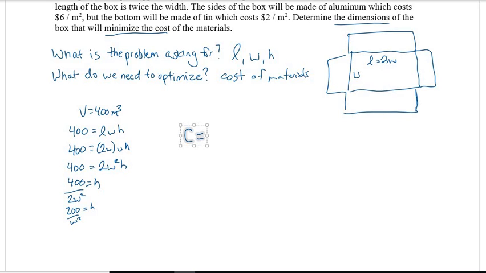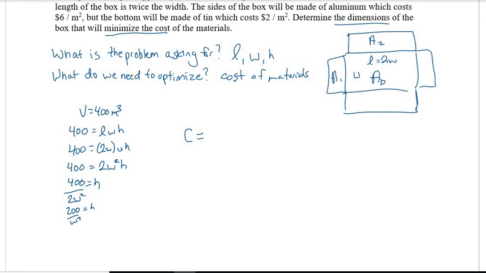Let's call this side 1, this side 2, and we're going to call this B for bottom. So, actually, you know what? Let's call this area 1, area 2, and area bottom, just to help us out a bit.